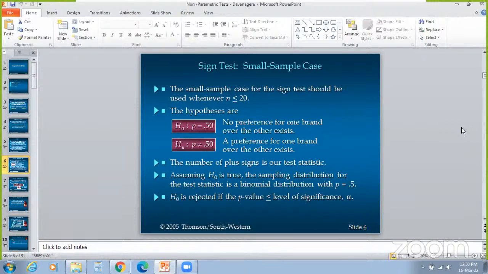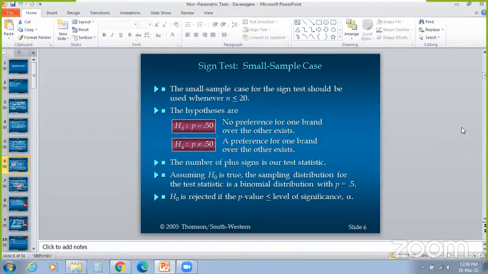Symbolically, the preference is represented in terms of proportions. The proportion is equal to 0.5. So 0.5 means 50% of your selected sample prefers one brand and the remaining 50% prefer the other. Hence, there is no difference in the preference.